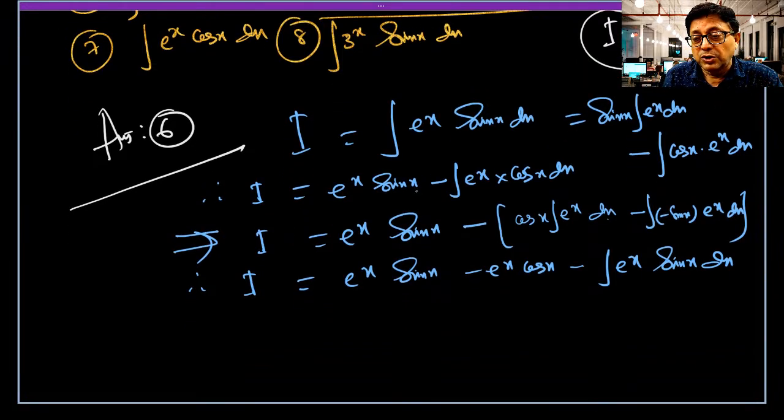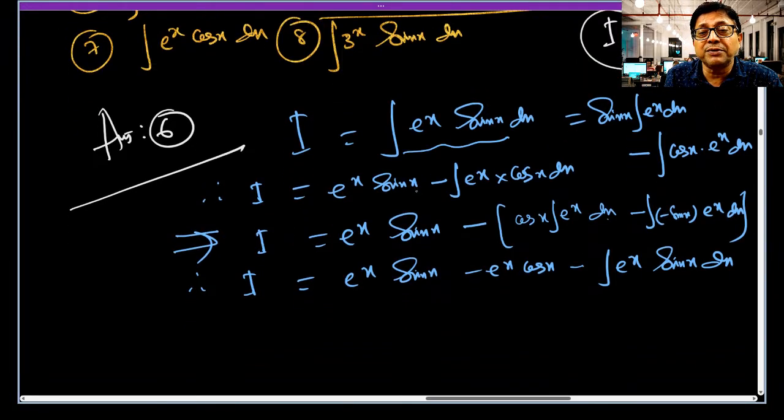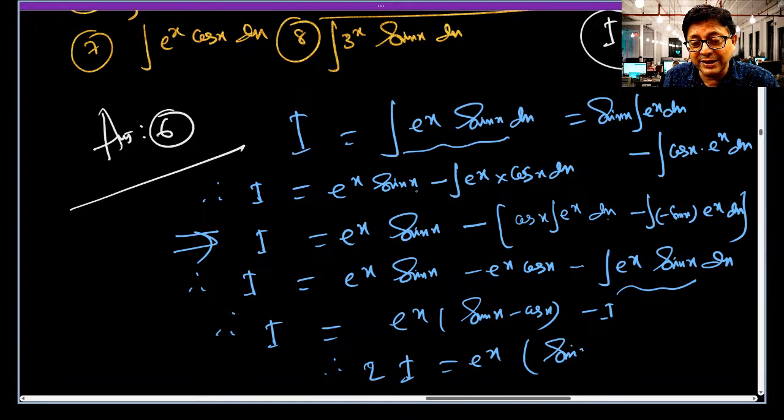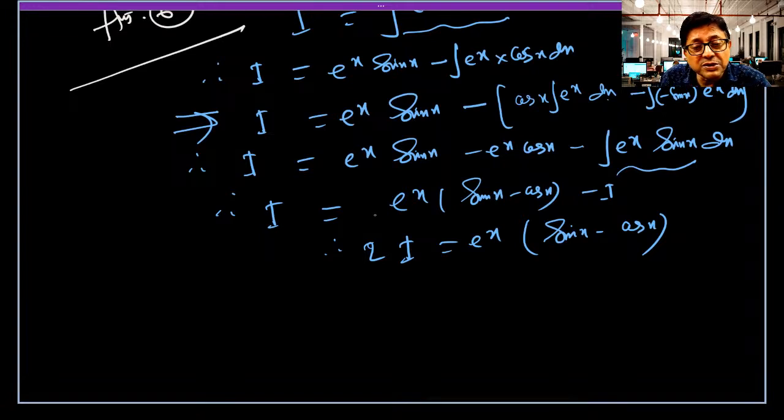Done? So what you have started with, you got it back. So that is I. So I will be this minus I. So 2I is e to the power x sin x minus cos x.